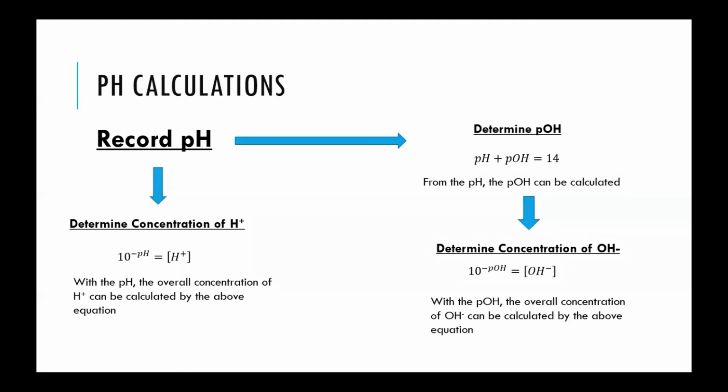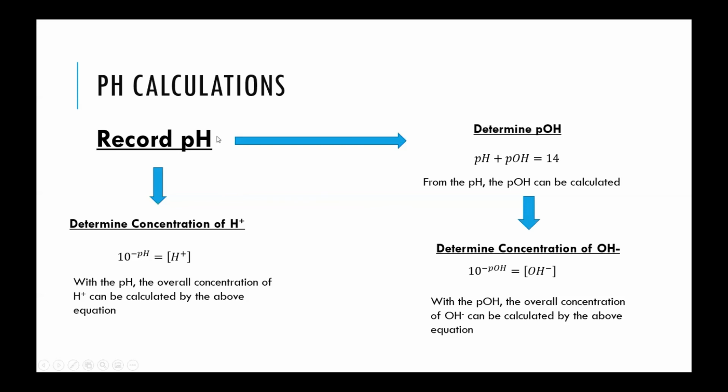Now, once you've prepared the buffers, you've measured everything, and you're on the report, the calculations are really just revolving around the pH. In the first part, you're recording the pH, and from that pH value, you can get the pOH value.